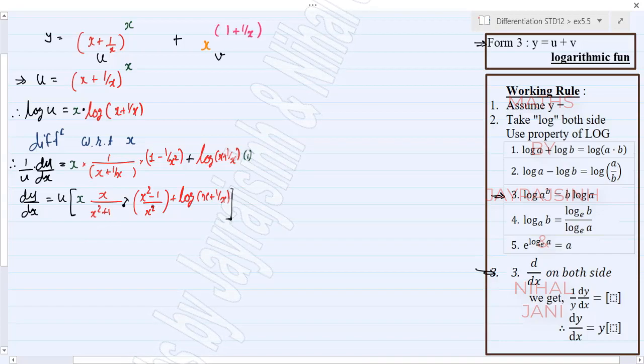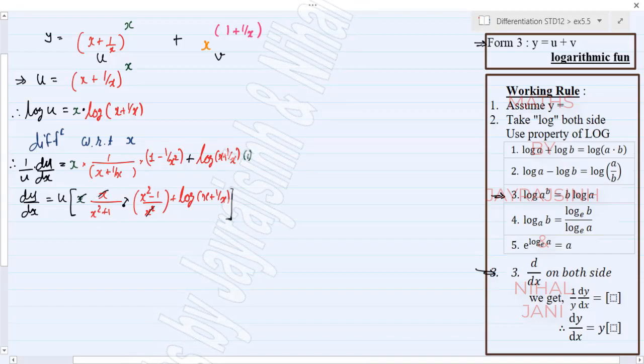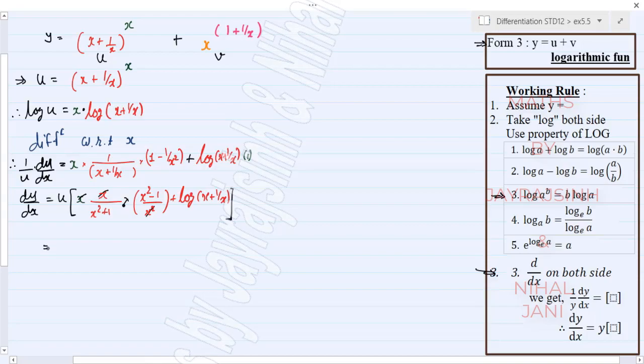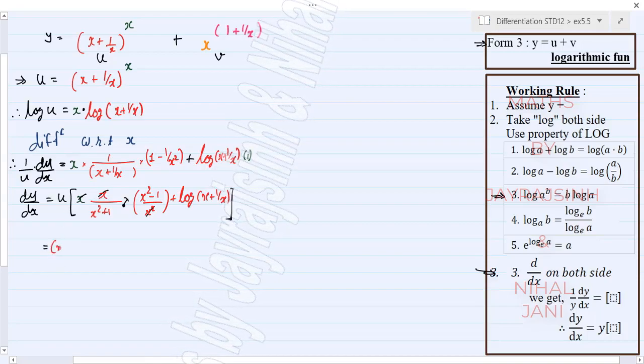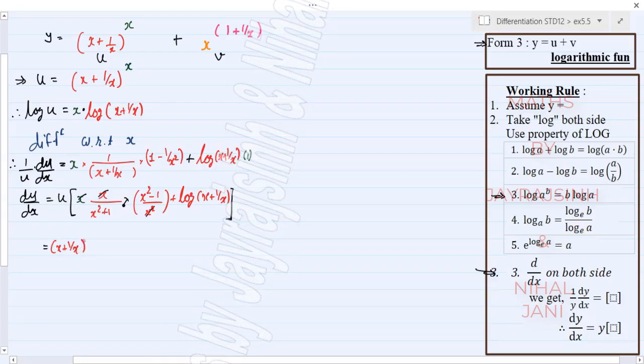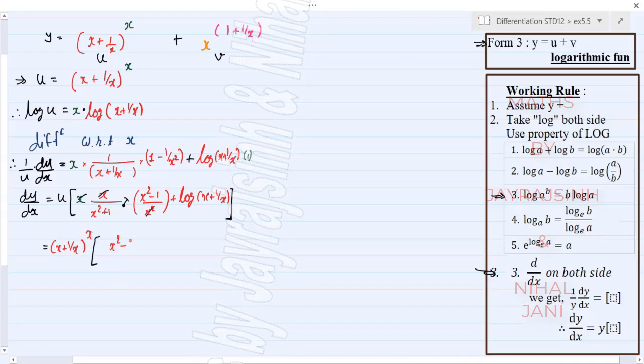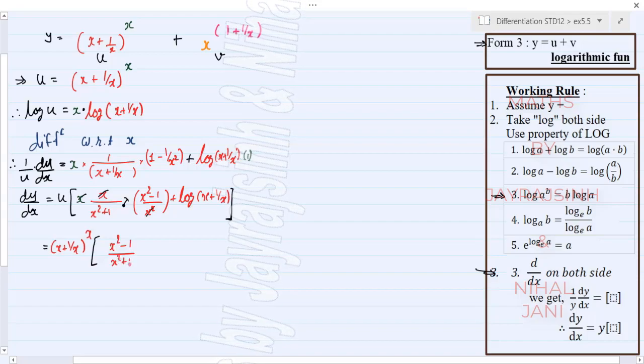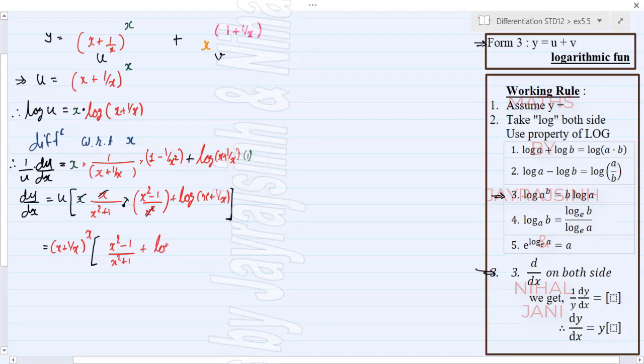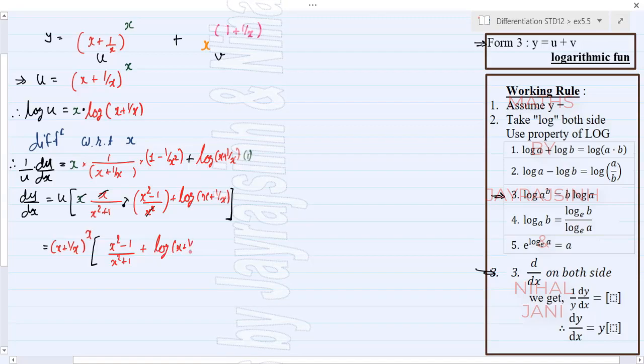Okay? So your x square and x square will cancel out, and finally we will get x plus 1 by x whole raised to x into x square minus 1 upon x square plus 1 plus log of x plus 1 by x.